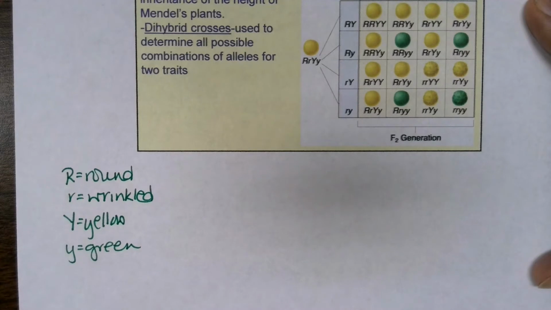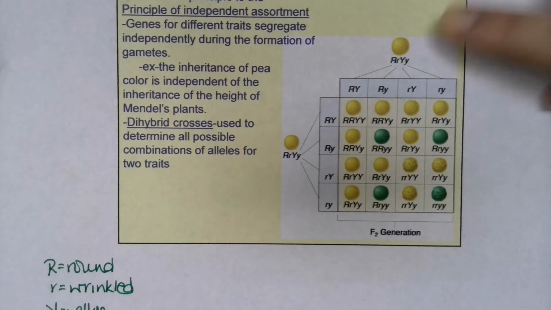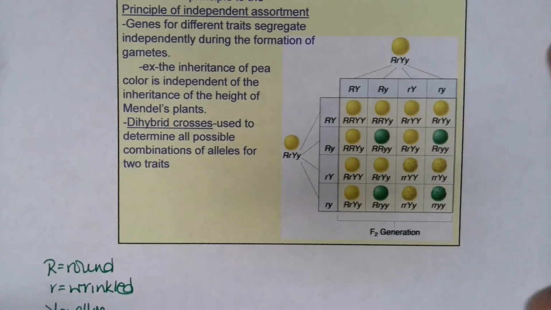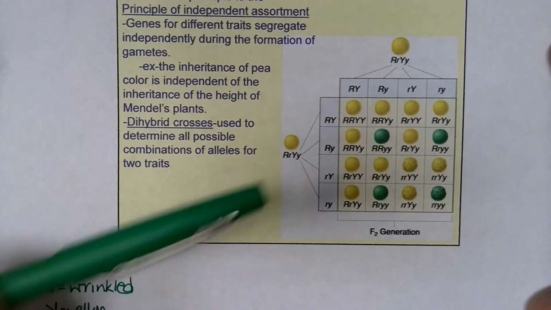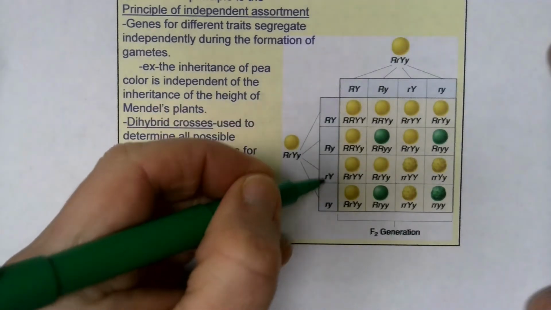So that being said, how in the world do we start? Notice that for each of these parents in this particular example, they're both going to be heterozygous for both traits. So to keep this simple, how do you take a genotype in the parents, whatever it happens to be, and figure out the alleles in the offspring?